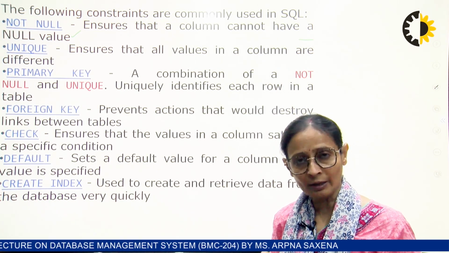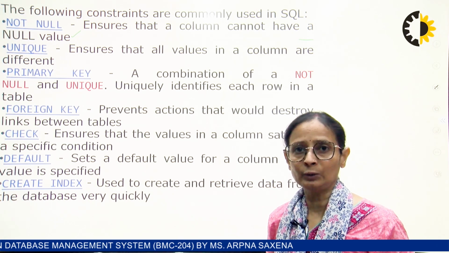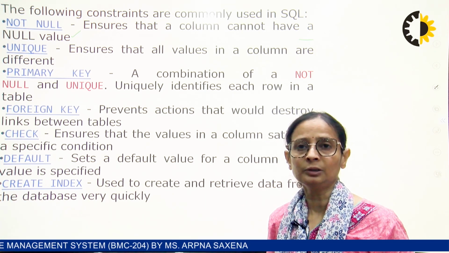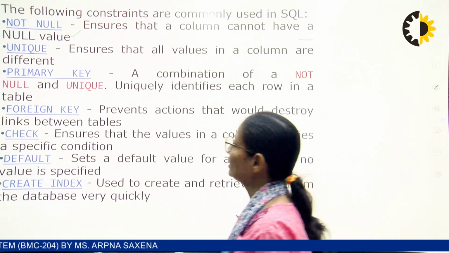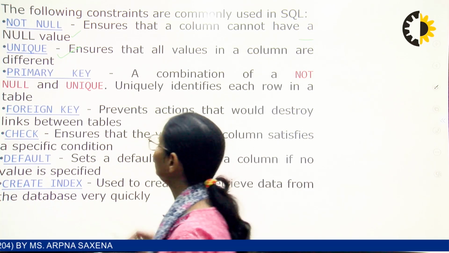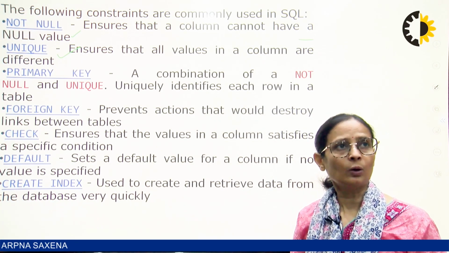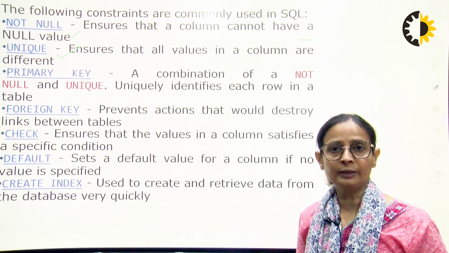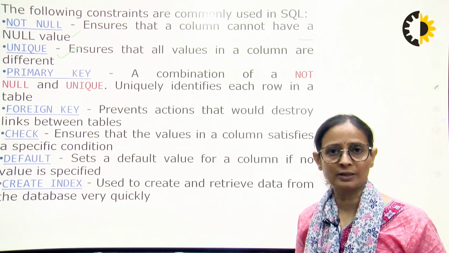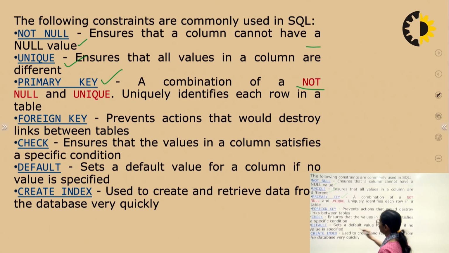Similarly, if I want that each value in that particular column should not be repeated, then I can apply a constraint by the name unique, and it ensures that all the values in that particular column don't repeat, they are the unique ones.